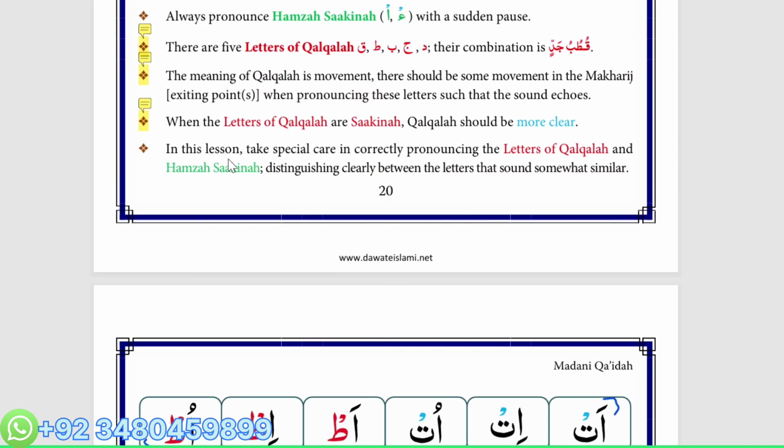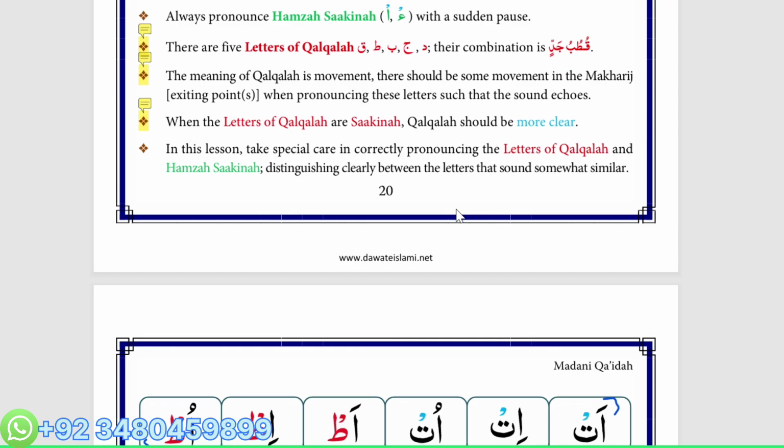Okay. In this lesson, take special care in correctly pronouncing the letters of kalkala. We have learned about kalkala letters. They are qaf, ta, ba, jim, dal, and hamza sakina. Hamza sakina will always be pronounced with a sudden pause, distinguishing clearly between letters that sound somewhat similar.